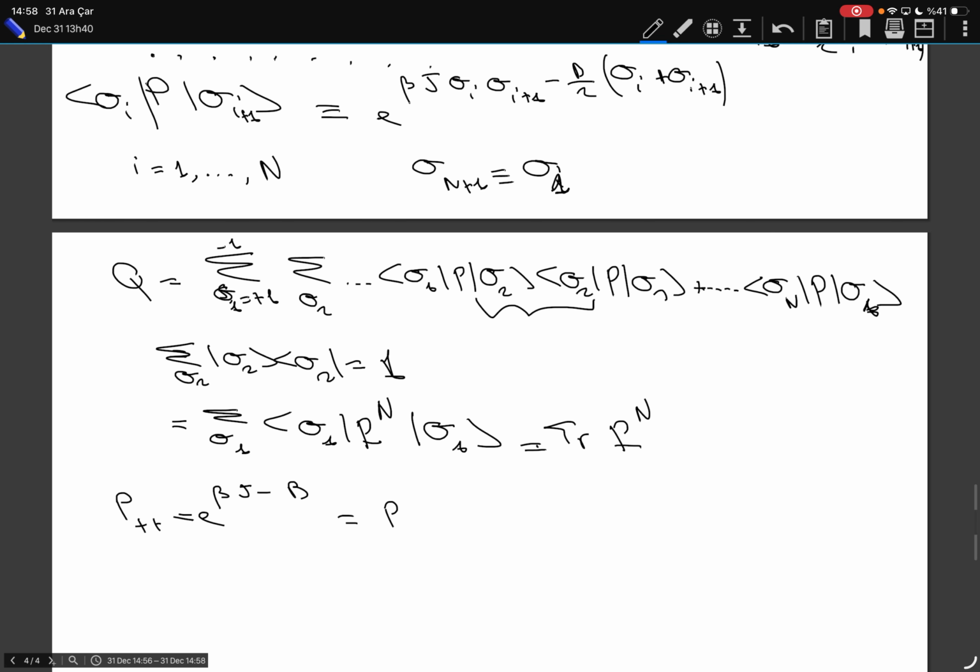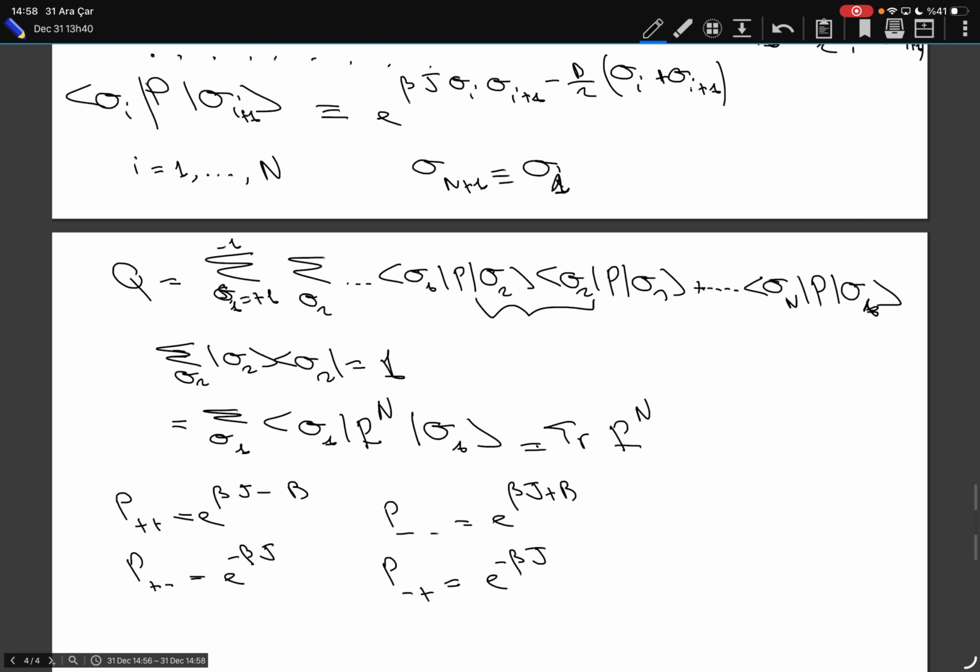No, not the same. P minus minus is e to the power beta J plus B. P plus minus is e to the power minus beta J. And P minus plus is again e to the power minus beta J.